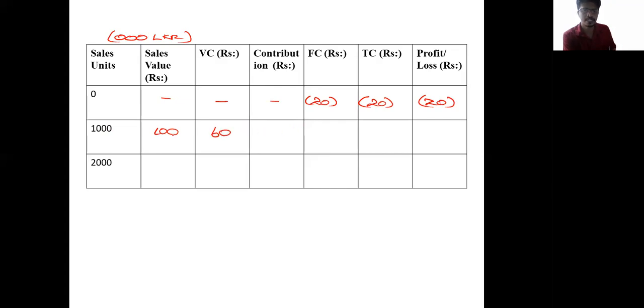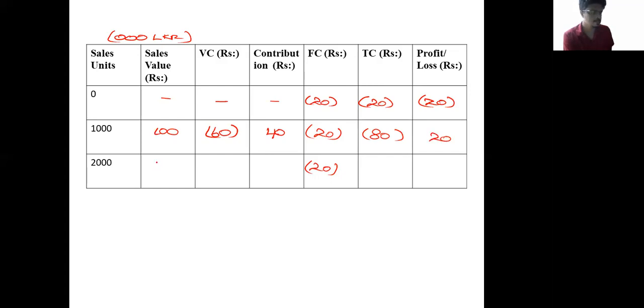Then contribution 100 minus 60, 40. Then fixed cost is equal in each case. Now total cost 80, here profit 100 minus 80, 20.